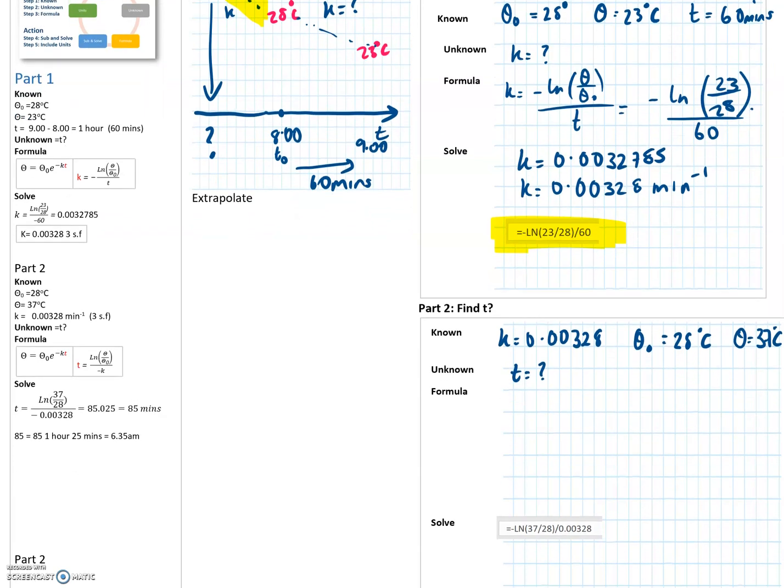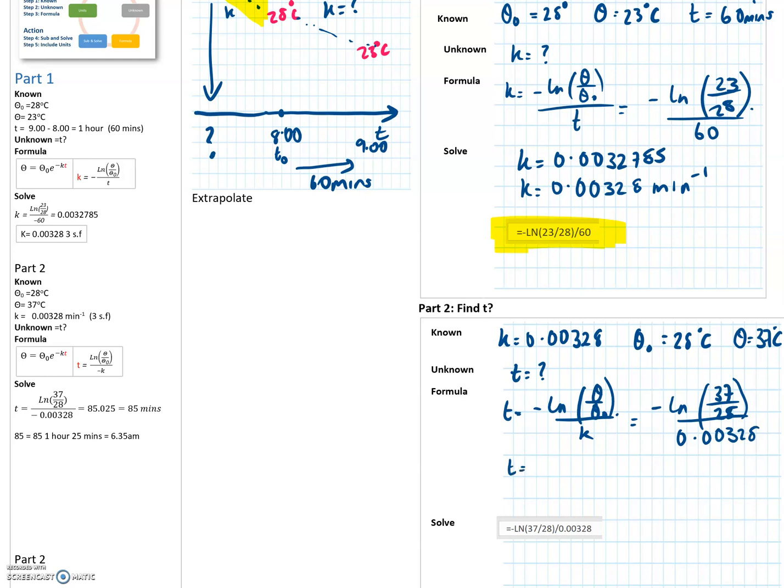So we'll use our formula. T is equal to the negative log of the temperature divided by the initial temperature, all divided by K. If we substitute in directly, the temperature here is going to be 37 when the body died, all over the original when the person came into the room and found the body, divided by 0.00328.